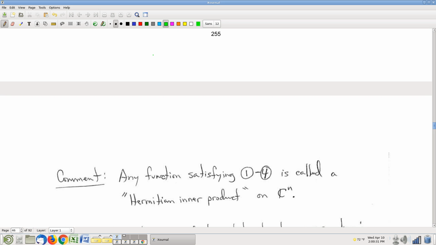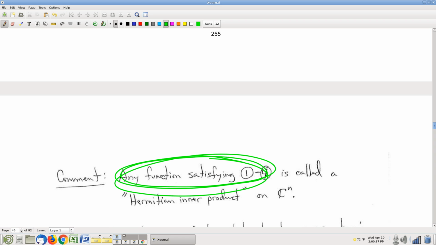We're not going to spend any time on this in Math 216, but just so you know, any function that behaves the same way we call a Hermitian inner product. Furthermore, you don't have to restrict your attention to Cn. You can consider other vector spaces with complex scalars, and you can talk about Hermitian inner products on those complex vector spaces.